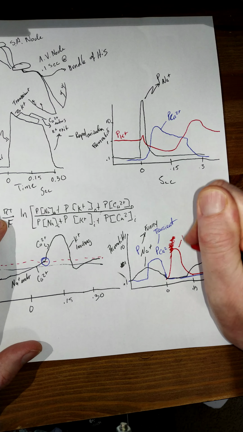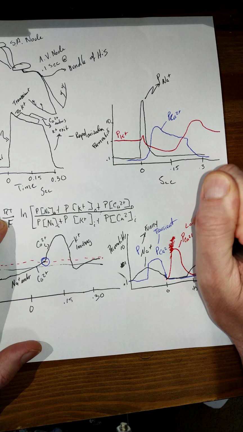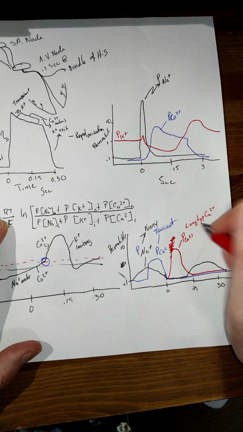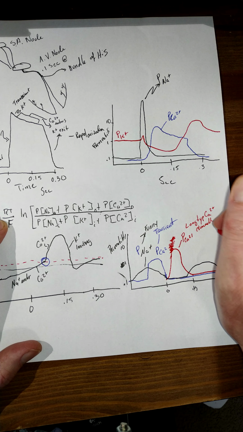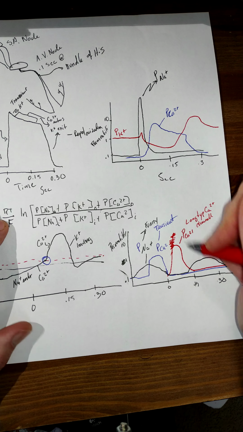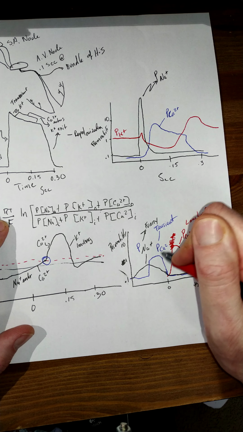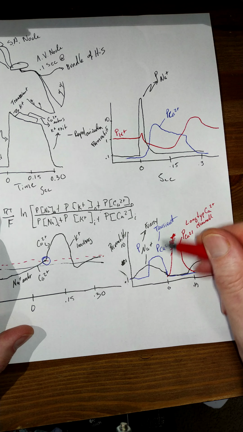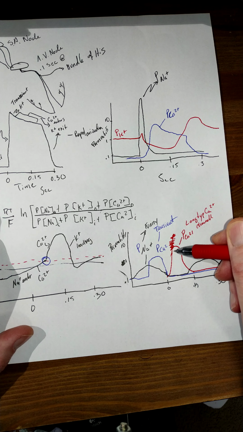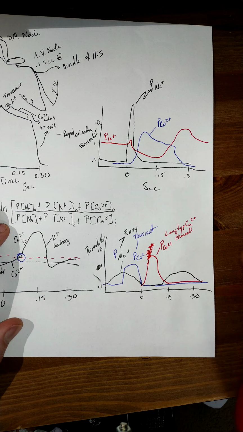And this is a long type channel, also known as dihydropyridine receptor, or DHP, but it's just an L-type calcium channel. It needs calcium from the transient calcium channel opening in order to induce that large amount of calcium entering into the cell and causing the depolarization.